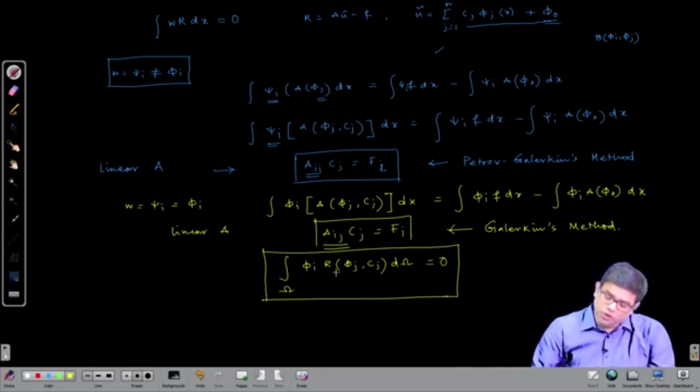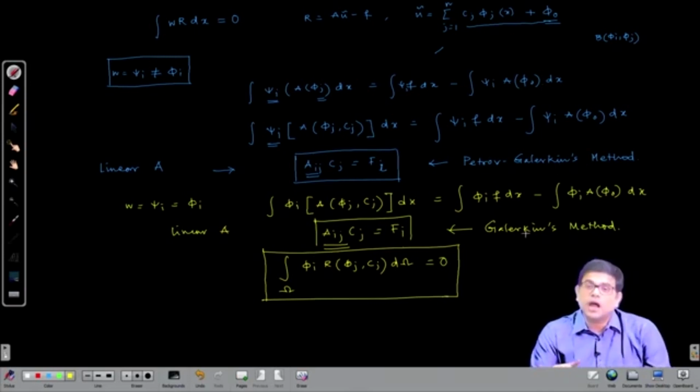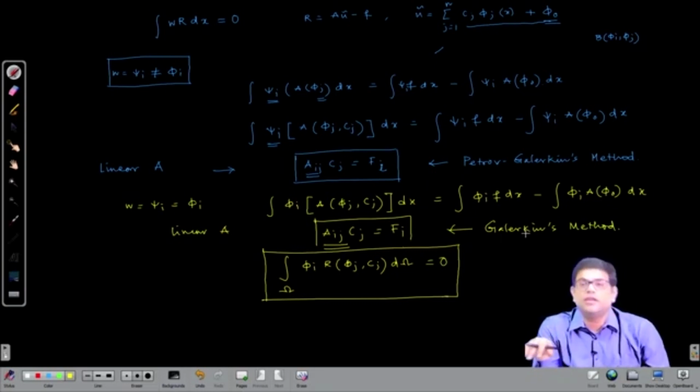But if you look carefully, in both of these methods, the Petrov-Galerkin and the standard Bubnov-Galerkin, none of the natural boundary conditions arise, while in the weak form, or the Rayleigh-Ritz method, we notice that the natural boundary condition automatically arises.